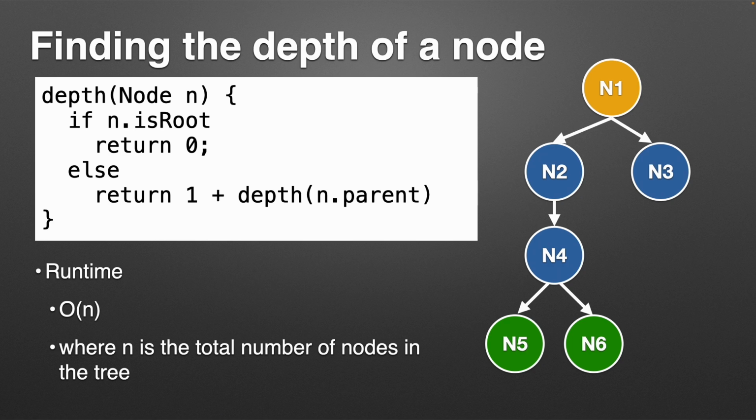We come in with n3, it's not the root, so instead of returning 0, we return 1 plus the depth of its parent. So we look at n3 and ask, what's your parent? Its parent is n1. So now we have 1 plus the depth of n1. The depth of n1 comes through, n1 is the root, 0. So it's then 1 plus 0 that returns. Does that make sense?